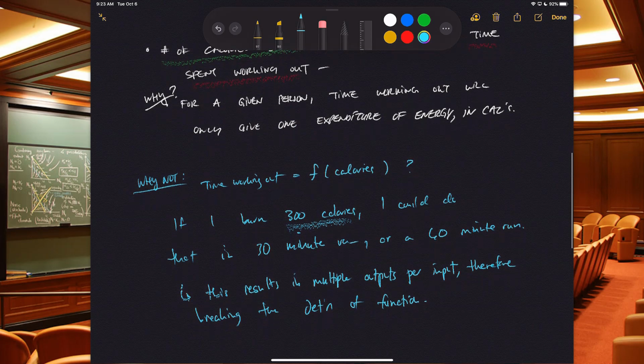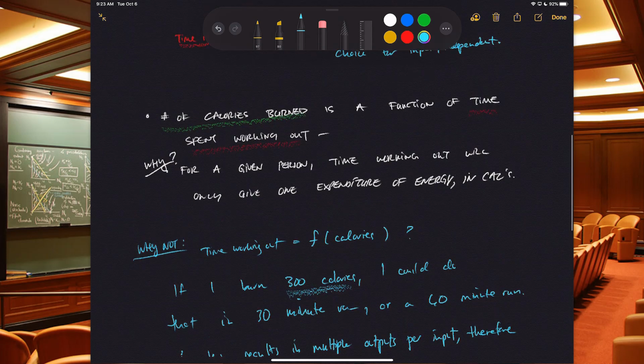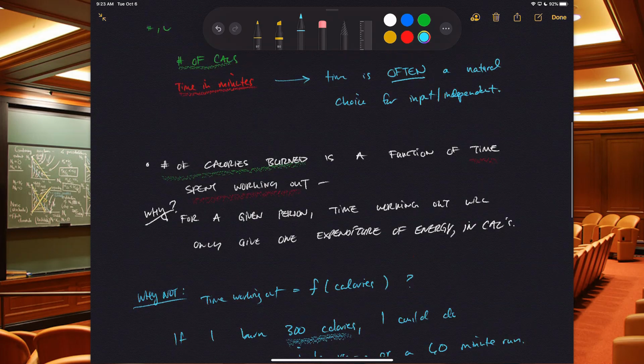So it wouldn't make sense, or it would be more of a hassle, or there'd be more jiggering needed to make this time working out a function of the calories. It makes more sense that the amount of time working out is going to give you how much energy you spent in calories. Again, there's a question of intensity that could be put there, but this is just the more natural choice.